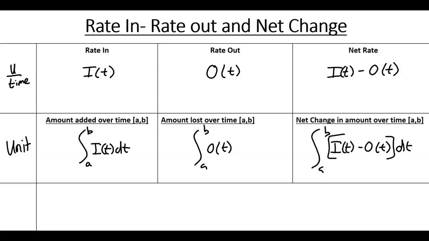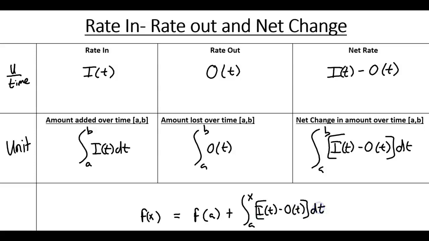And finally, we have our integral formula, our net change formula here. We have f of x, which is equal to f of a plus the integral from a to x of I minus O dt.